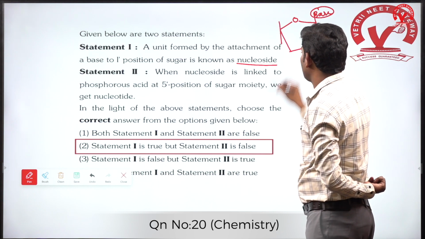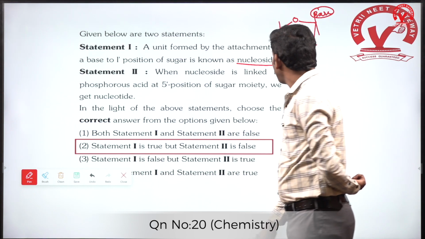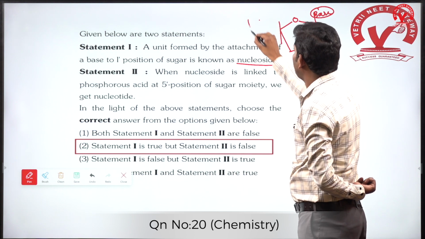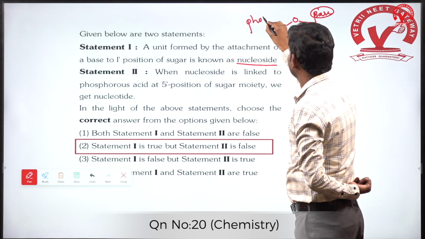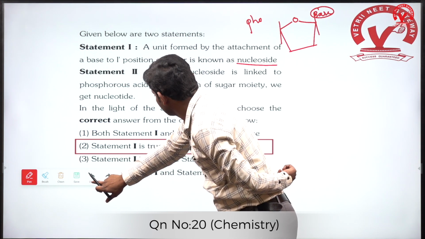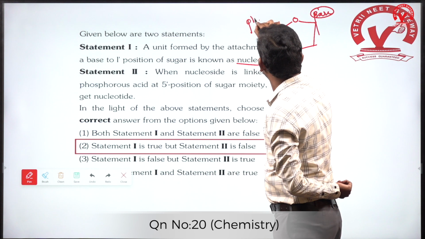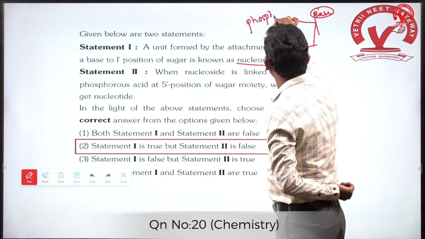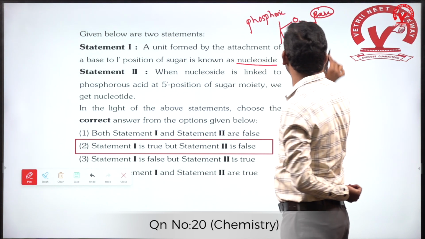Here one phosphoric acid group, if the phosphoric acid group is present, it is a nucleotide.